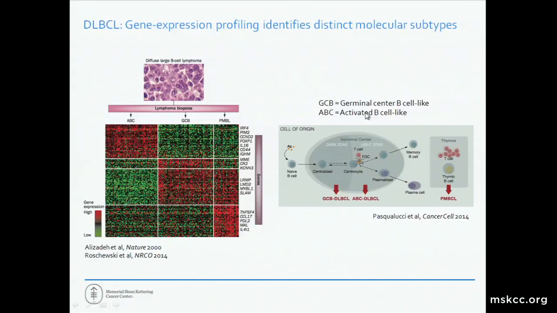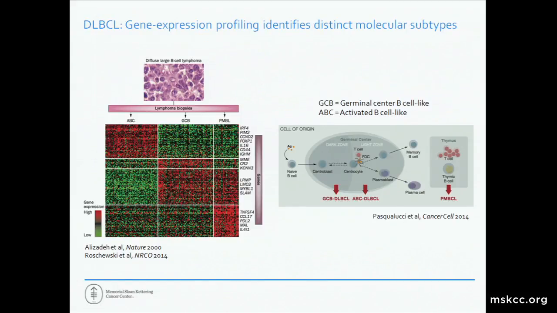Basically, these two subsets had gene expression profiles that mirrored normal B-cells undergoing different stages of germinal center B-cell differentiation. The GCB subset appeared to arise from an earlier stage of differentiation, whereas the ABC subset appeared to arise from a later stage of germinal center differentiation.